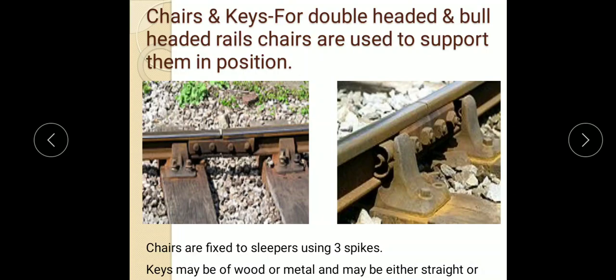So chairs and keys are used for double-headed and bull-headed rails to support them in position. So here we can see this is a chair, this is a chair, this is a chair. Chairs are fixed to sleepers using 3 spikes, and keys may be of wood or metal and may be either straight.